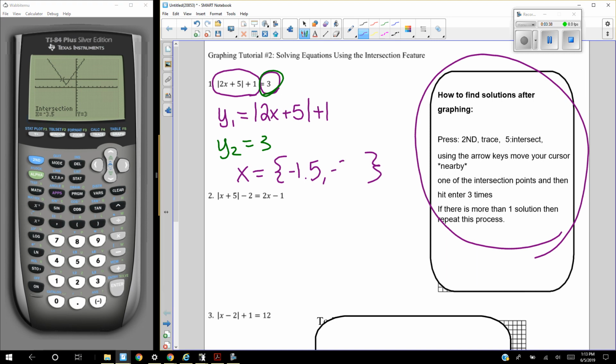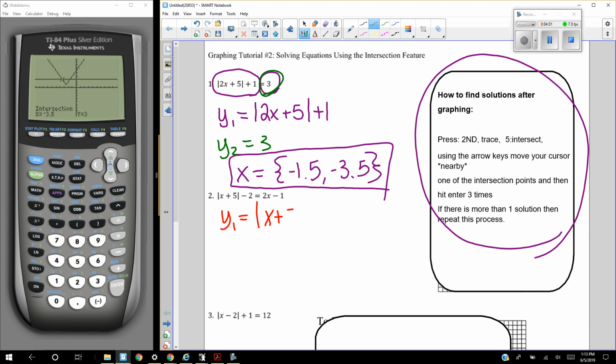Now, if the question said for us to graph these two functions as well, we could do that as well. We could use the table to graph both of those functions, but really I just want you to focus on coming up with the solutions and not worry so much about the graphing portion. Let's go ahead and try number 2. Still need to be able to do these by hand.